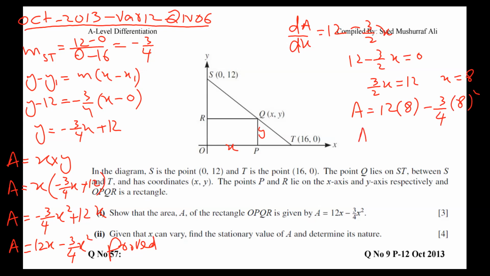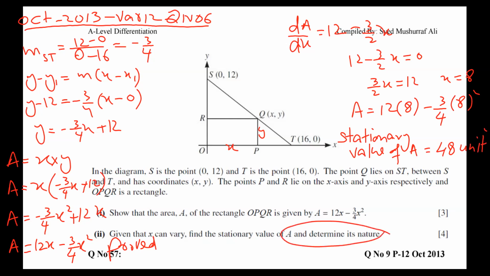So the stationary value of A is equal to 48. Units are not mentioned here. Let me check. Yeah, units not mentioned here. You can write units squared, because it is area. Okay, this is done.